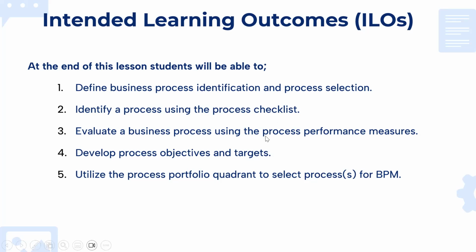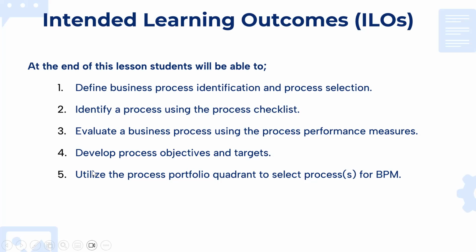For that, we have to identify process performance measures. We are going to talk about 4 process performance measures today. Using those, you should be able to evaluate a business process. The fourth one is that you should be able to develop process objectives and targets. After identifying a process and its performance measures, you have to define process objectives, the things that you're going to achieve, and targets as well.